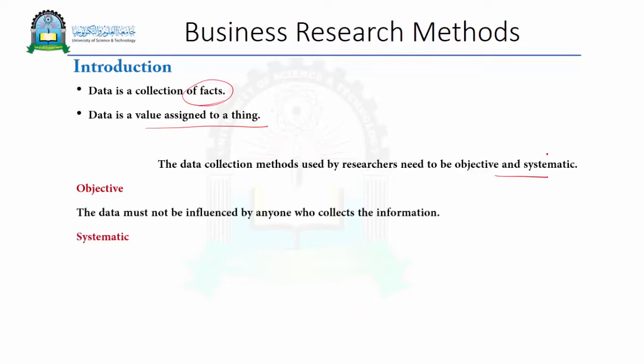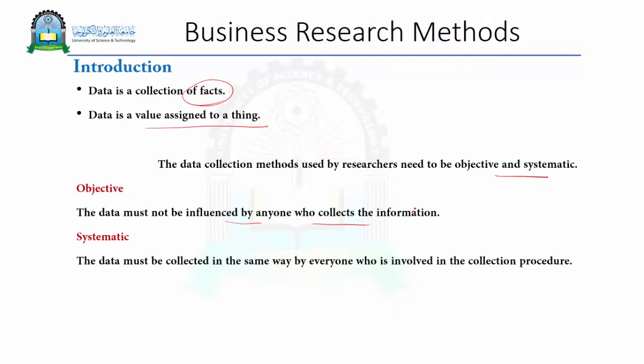So why do we collect data? The main objective of collecting data is that the data must not be influenced by anyone who collects the information. That means objectivity must be there. Data must be collected accurately, as it is the input of any research, and if the input is accurate, of course the output is going to be accurate too, passing the process, of course.